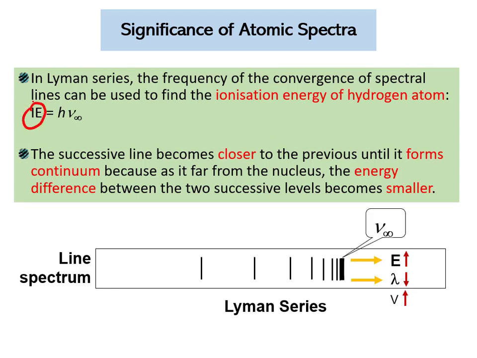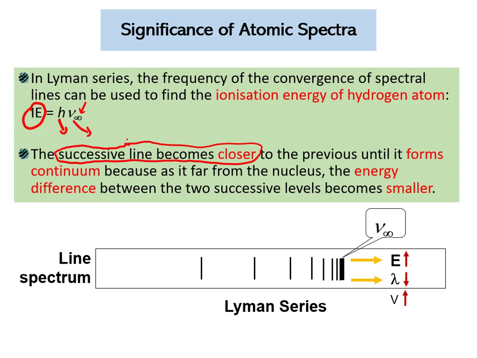The energy needed to remove 1 mole of electron from 1 mole of gaseous hydrogen atom. h is the Planck constant, while v is the frequency at infinity. The successive lines become closer. What does this mean?